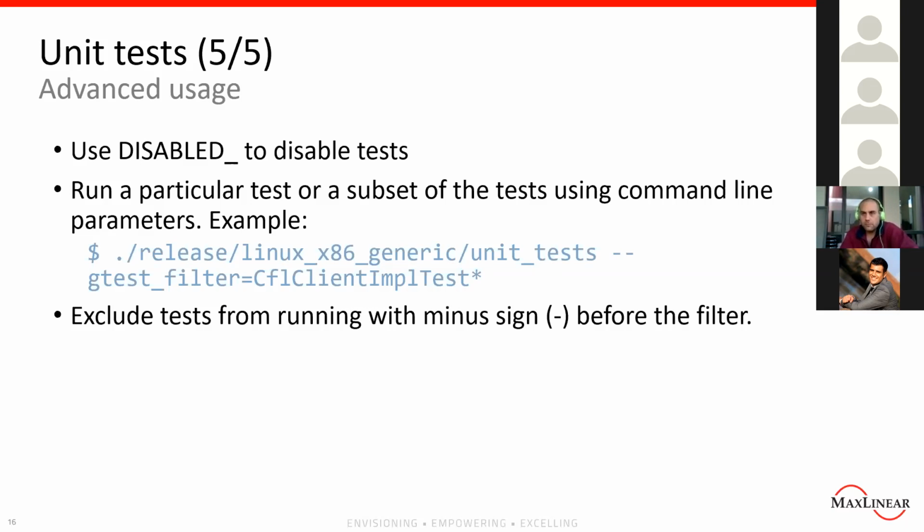In this case, we have command line arguments when running our test, which allows us to execute a subset of the unit tests. We can also run everything except a given unit test by using the minus sign before the filter.